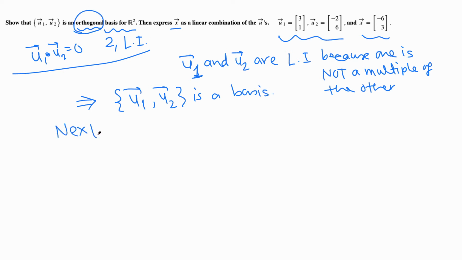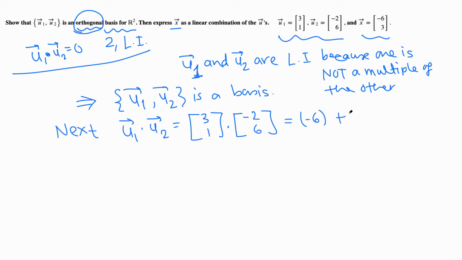So next, let's find the inner product, the dot product, of u1 and u2. u1 is 3, 1. u2 is negative 2, 6. When we take this inner product, we just multiply the components: 3 times negative 2 is negative 6, plus 1 times 6 is 6. So 0.